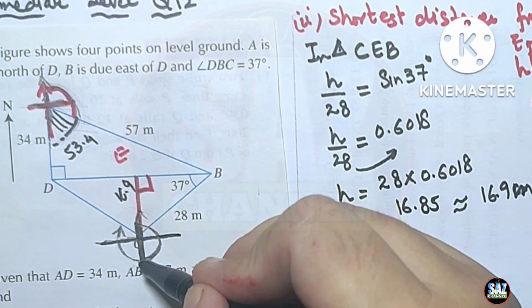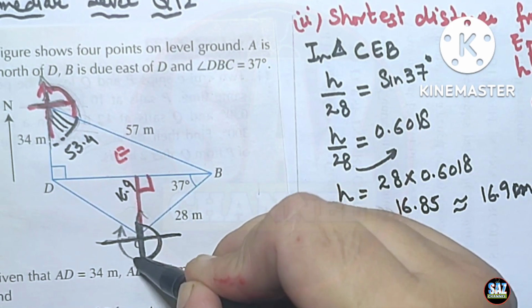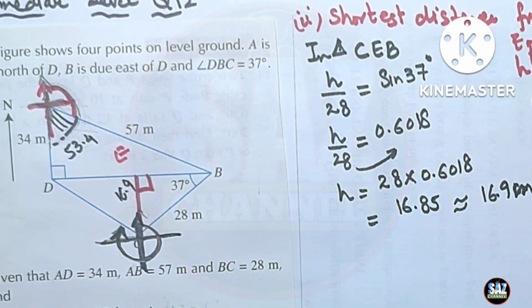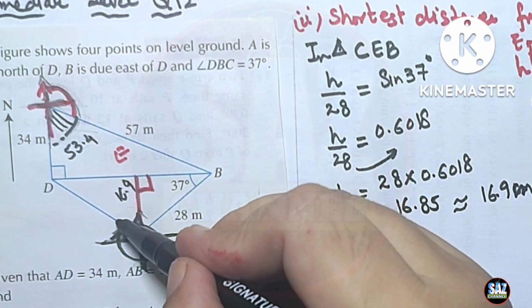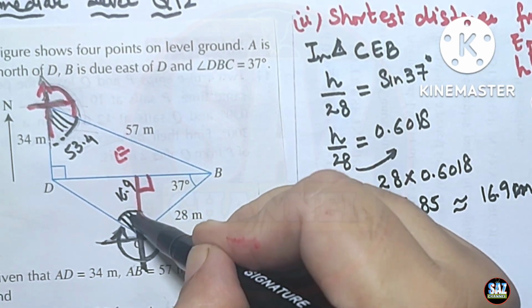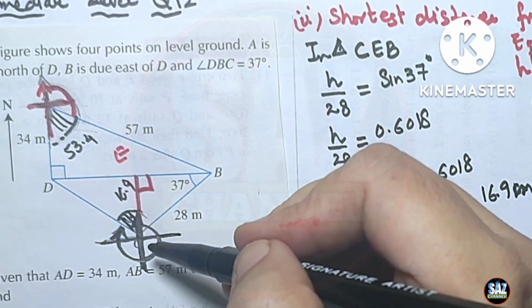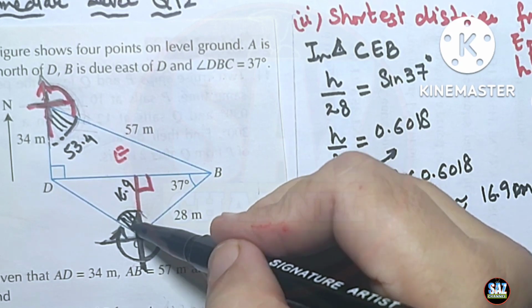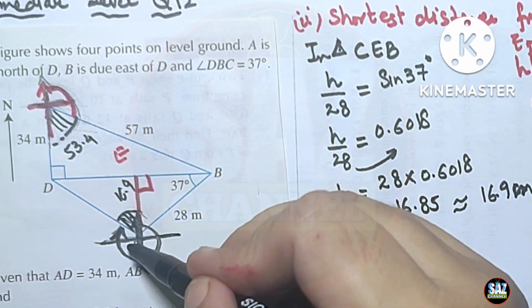So what will I be doing, what do you think, students? I have to first find this angle of the right triangle, and then take it away from 360 degrees.